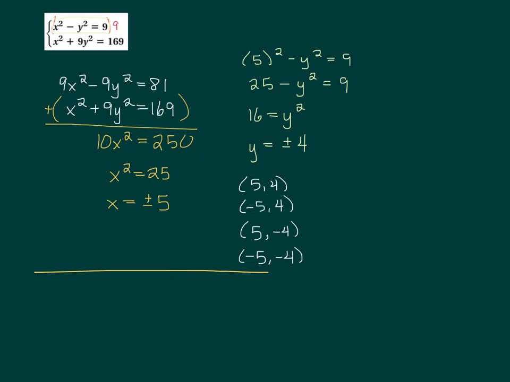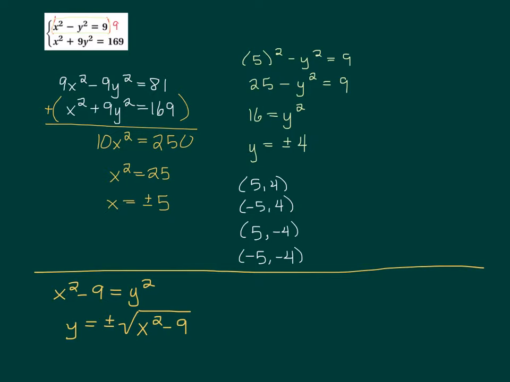So we get x squared minus 9 is y squared, so y is plus or minus the square root of x squared minus 9. Then we get that 9y squared is 169 minus x squared, so y is plus or minus the square root of 169 minus x squared all over 9.